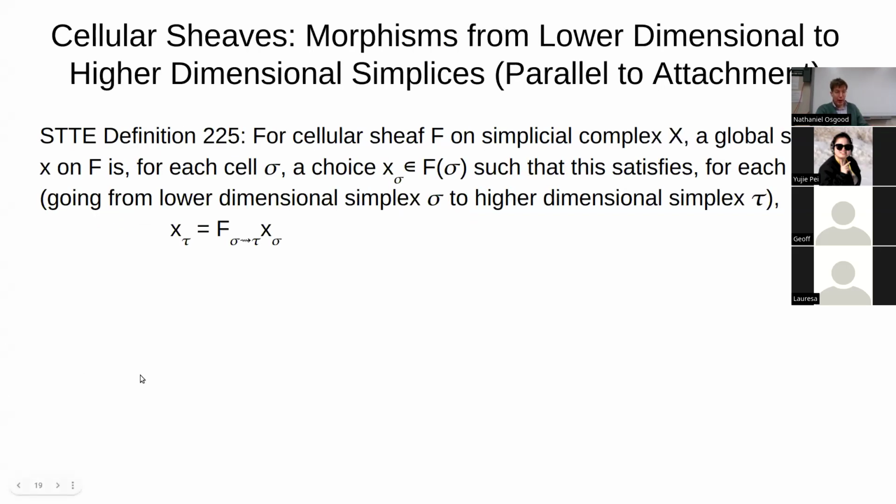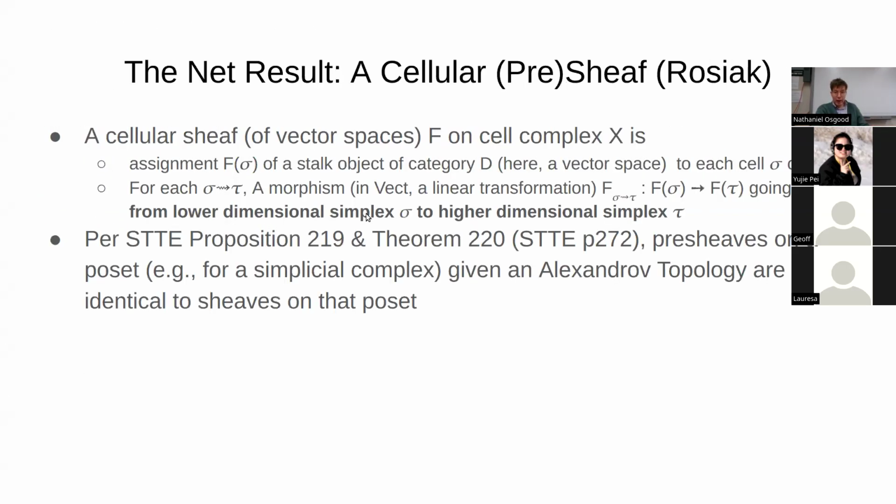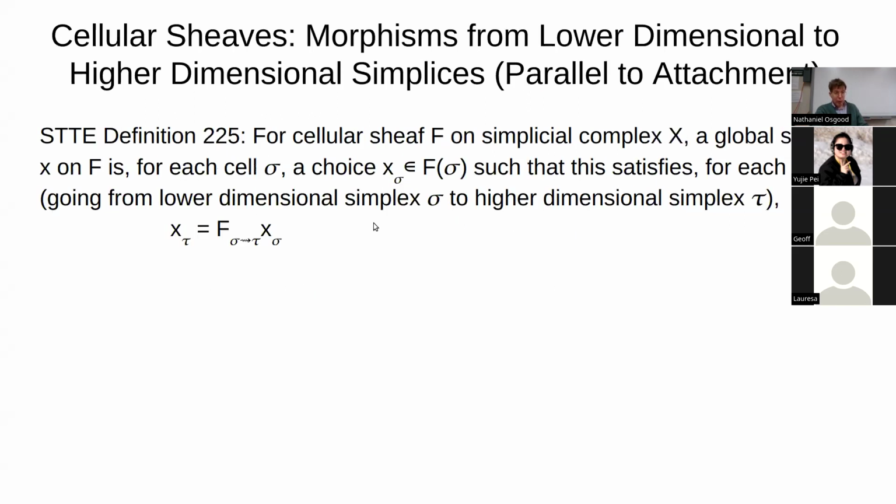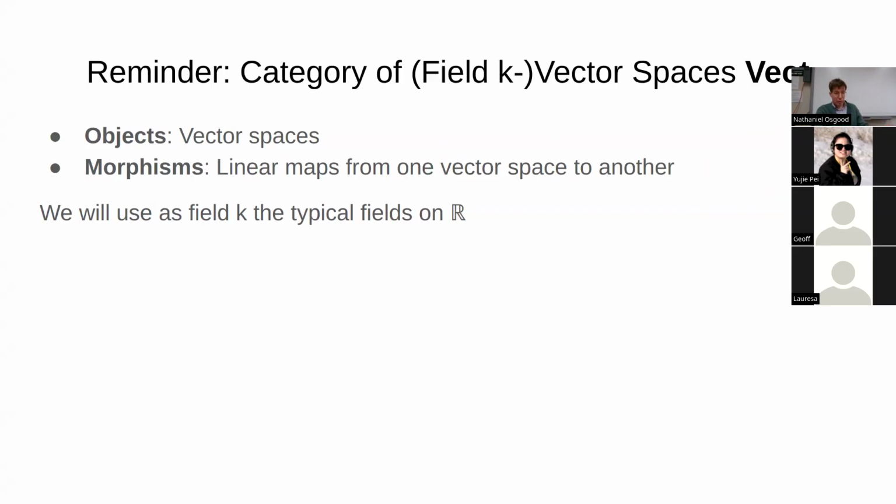So what I'm saying is that's what's going on here, that here F of sigma might be a vector space with dimension 4, and this is a vector space with dimension 2. And we carry out this mapping through a matrix multiplication. Are we good with that idea? This is going to be very common in the sheaf, and particularly cellular sheaf, area. In fact. Okay.